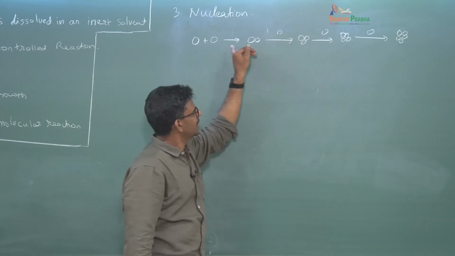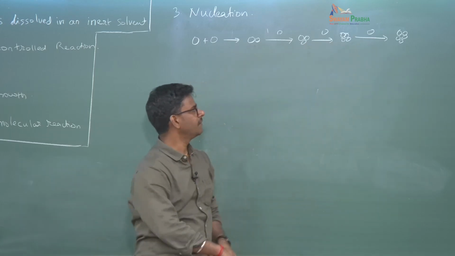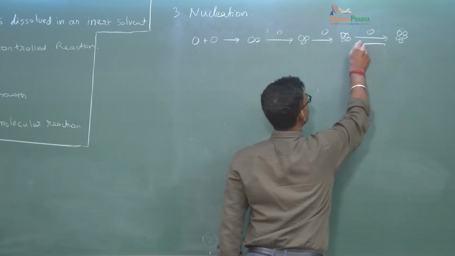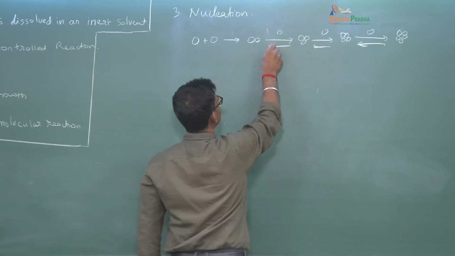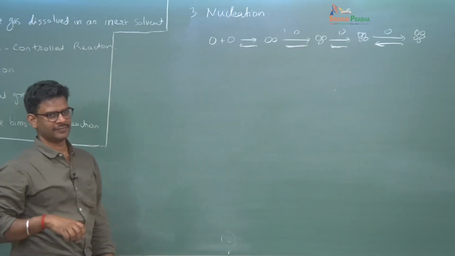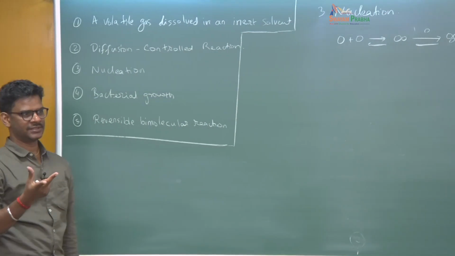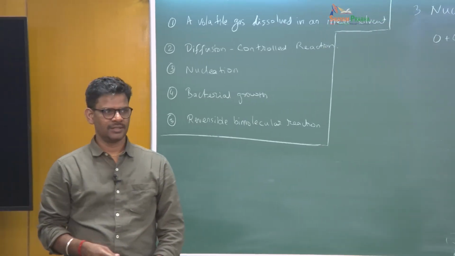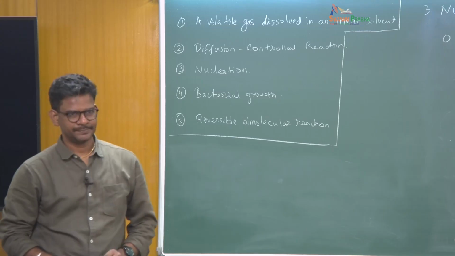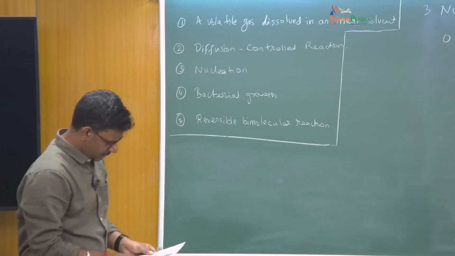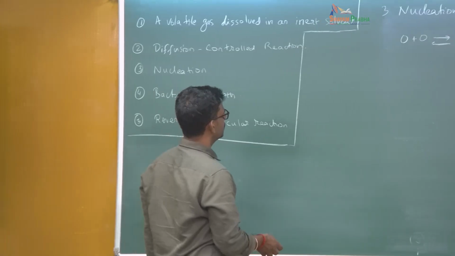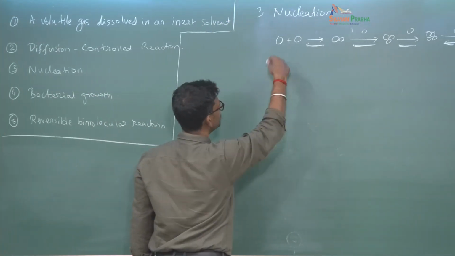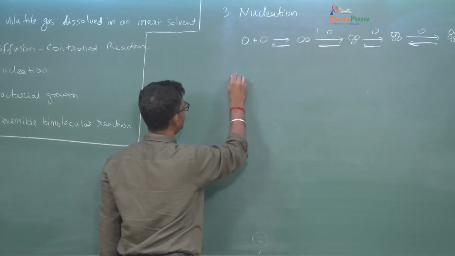There is a rate constant for all of this, and it can also be reversible. A cluster can also dissociate and then form again. It is a very dynamically reversible process. So here what we can do is represent this entire process using chemical kinetics.